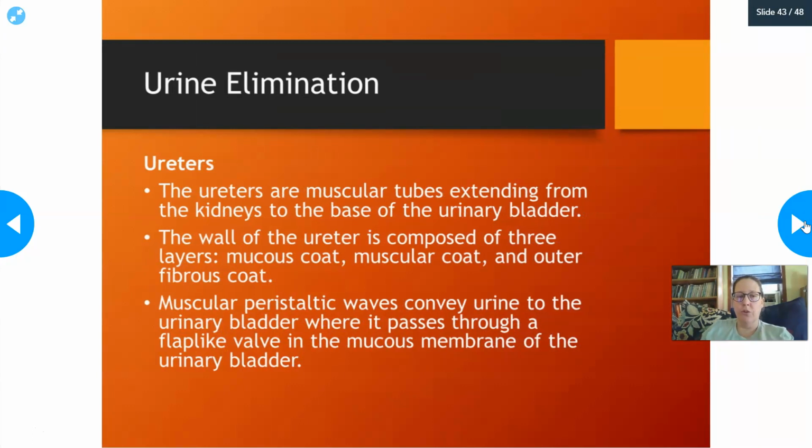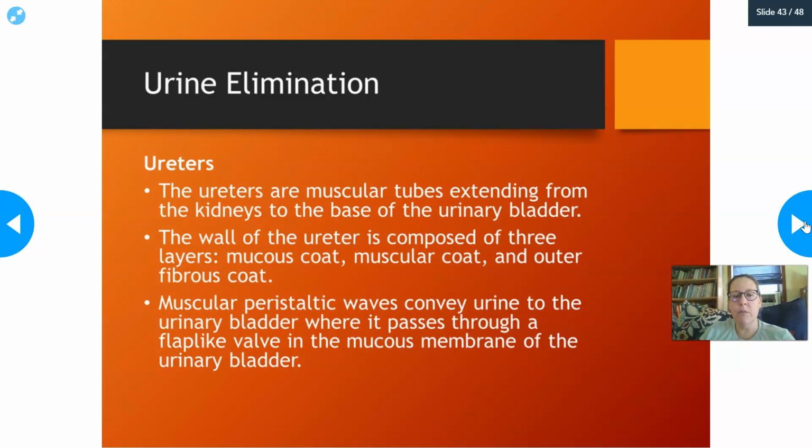Your ureters are muscular tubes that extend from the kidneys to the base of the urinary bladder. They don't actually poke into the top of the bladder, they poke into the bottom of the bladder, which I thought was interesting. The wall of the ureter is composed of 3 layers: a mucous coat, a muscular coat, and an outer fibrous coat. The mucous one is the innermost, then muscular, and then the outer one is connective tissue to anchor it in place.